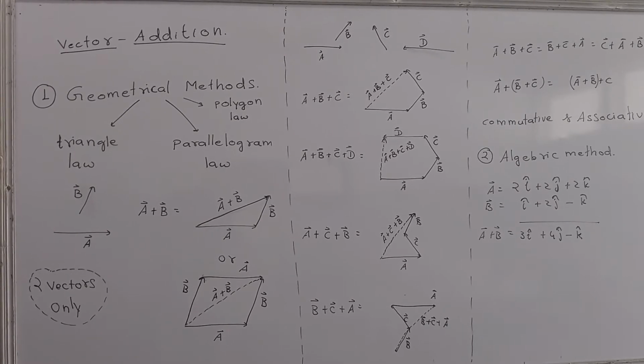First, we represent their addition by writing this simple vector A plus vector B. And then, because we have written vector A first, we are going to draw vector A. And the point at which we finish drawing vector A, from that very point, we are going to start drawing vector B. You can see this.